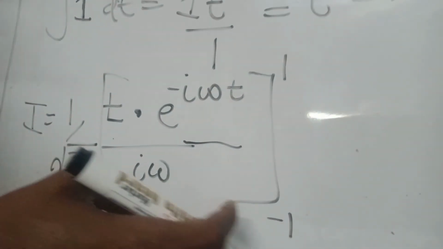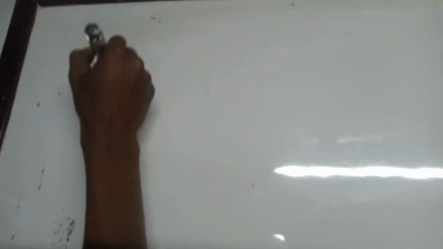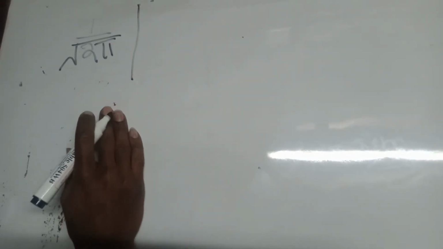So we need to place these values. 1 over square root of 2 pi. Don't forget that square root. Need to put our limits.